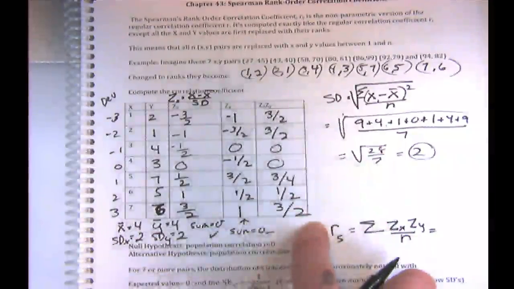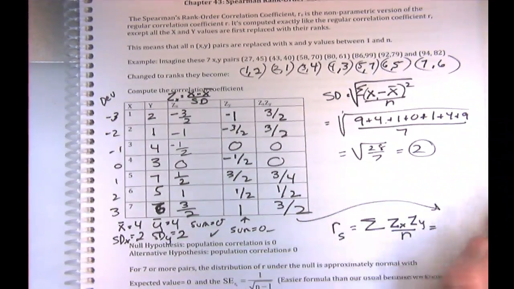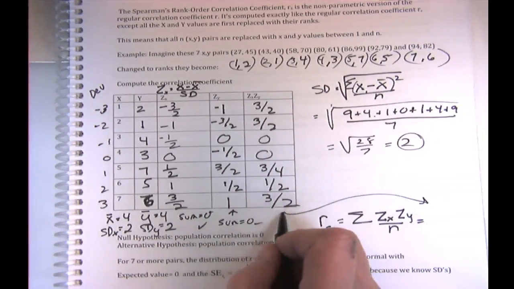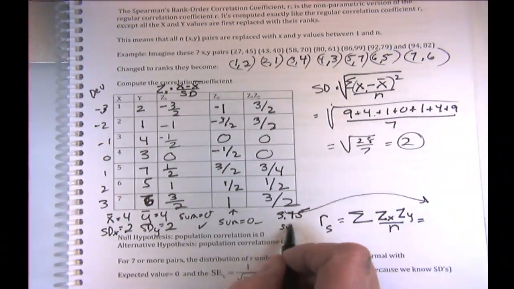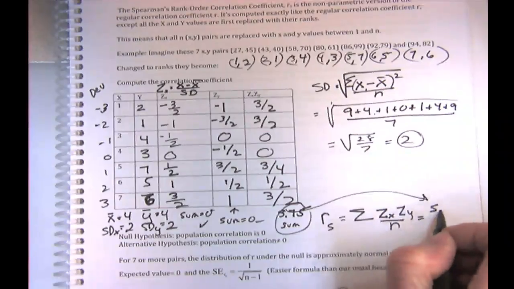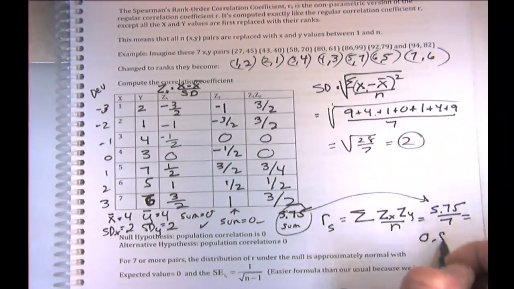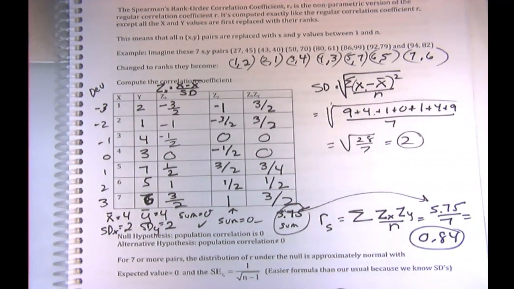So I add them up, and I got 5.75. That's the sum. But we want the average, so we have 5.75 divided by 7. And you get a very high correlation coefficient, and you could just graph these points to see. Super easy to graph, and you can see that you're going to get a very high correlation coefficient.